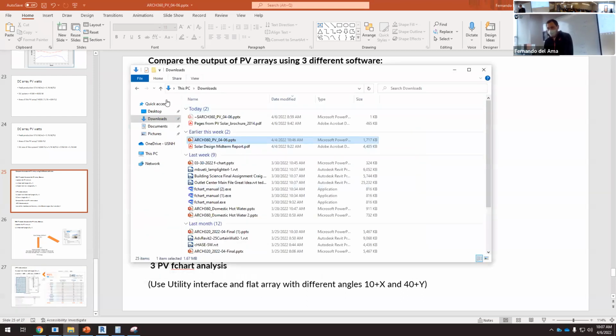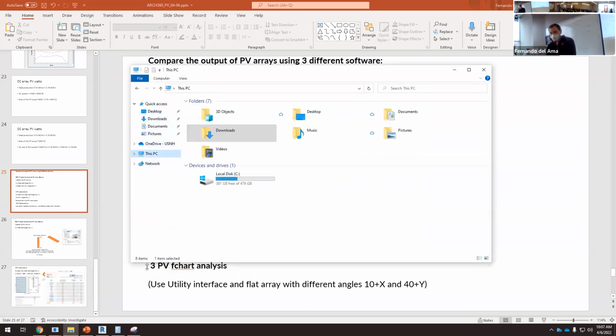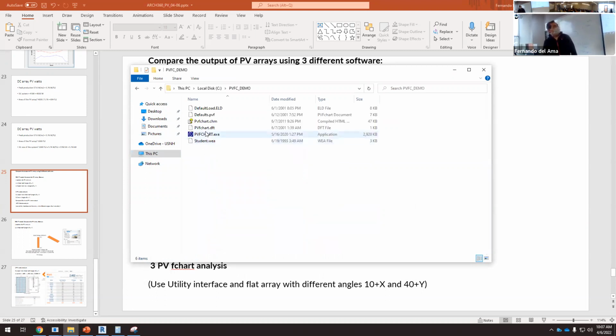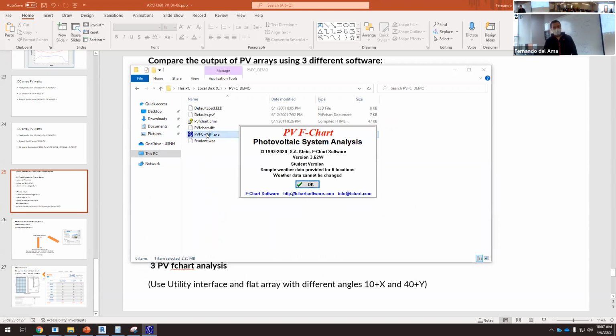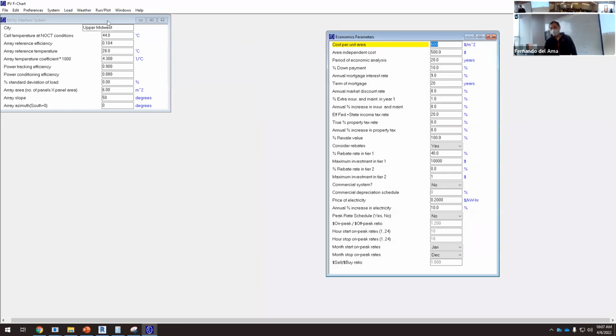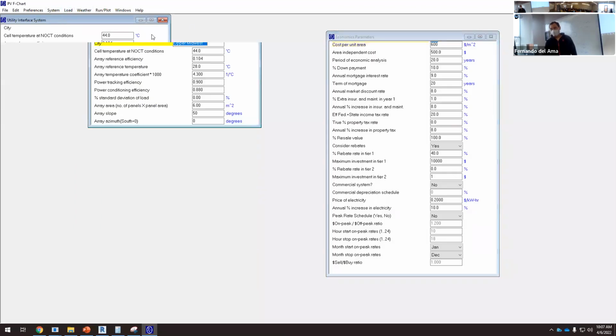Okay, so you have to go to PC, local disk, and there should be a PV FC demo. Okay, so we have to open this folder. And then we have to open this file. Okay.